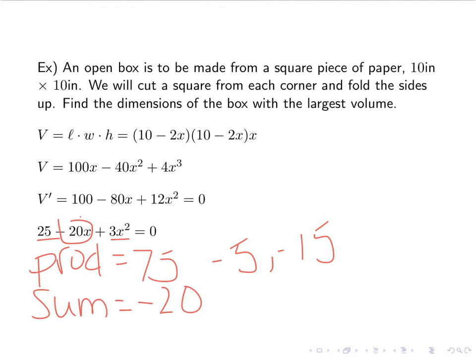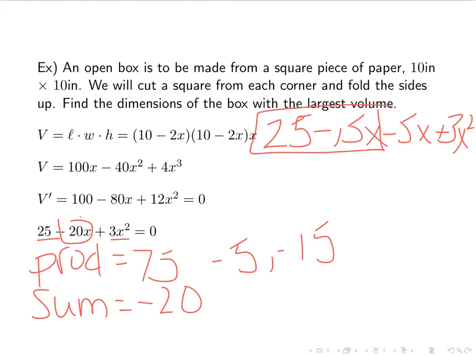So using those, I'm going to write it up over here. I'm going to separate my negative 20x into those two. Running out of room. And then factor by grouping. I have a 5 here. I take it out. I'm left with 5 minus 3x.